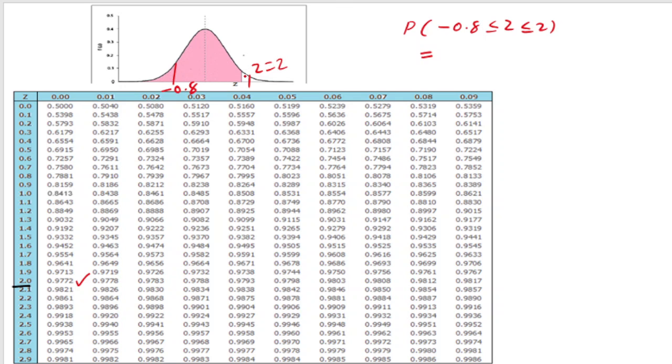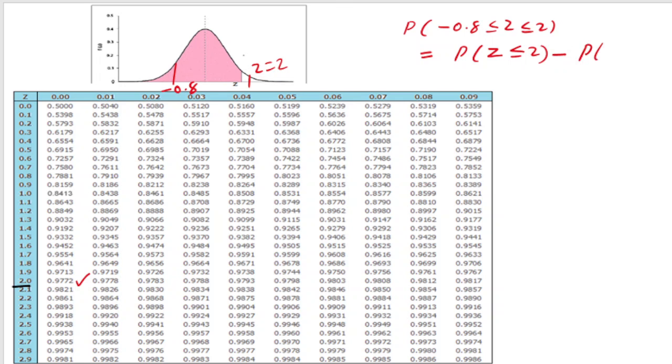I can subtract from the total area up to z equal to 2, that is probability z less than or equal to 2, minus, listen to this carefully, this area, the total area to the left of z equal to minus 0.8.